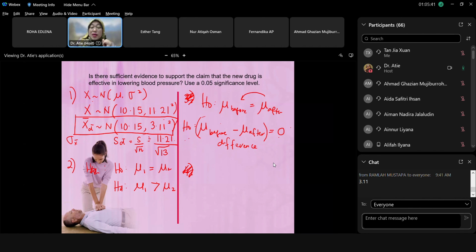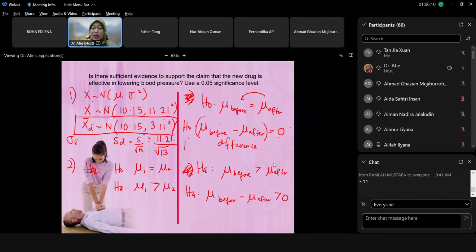And I can also write, HA: mean before should be higher than mean after, right? Or I can write it this way: mean before minus mean after greater than 0. So in your final exam, you can write either way.